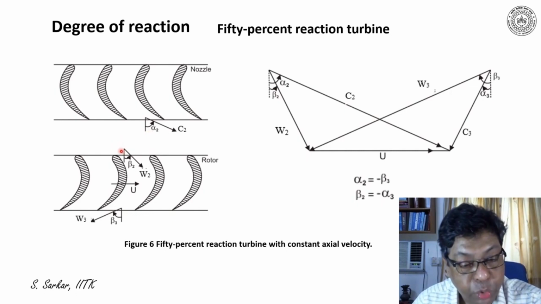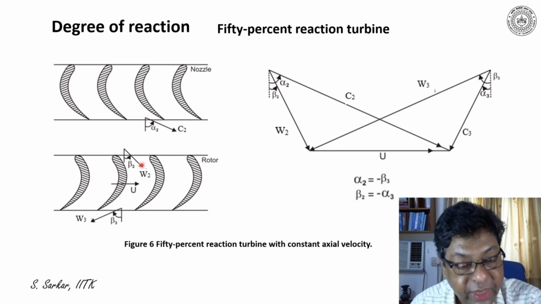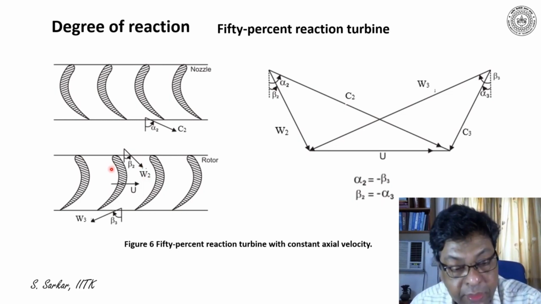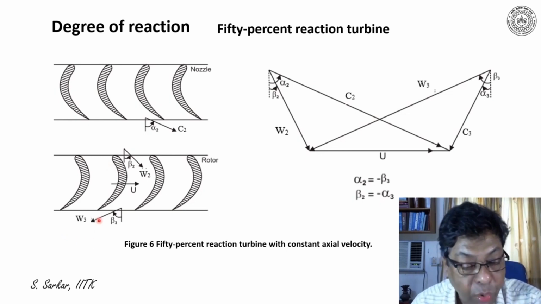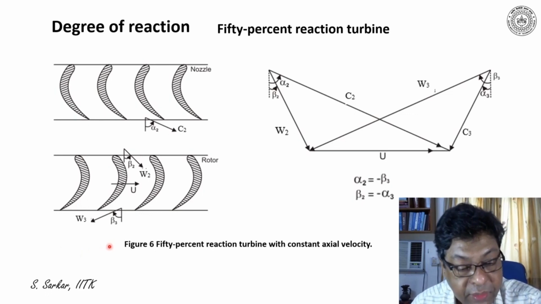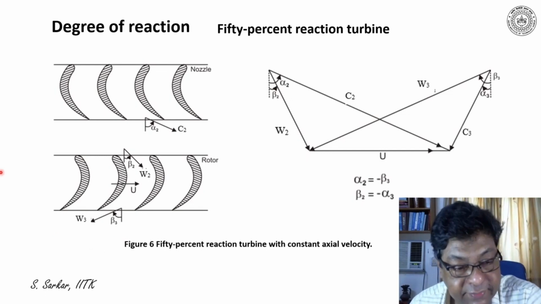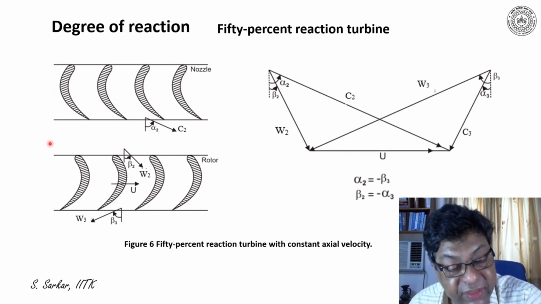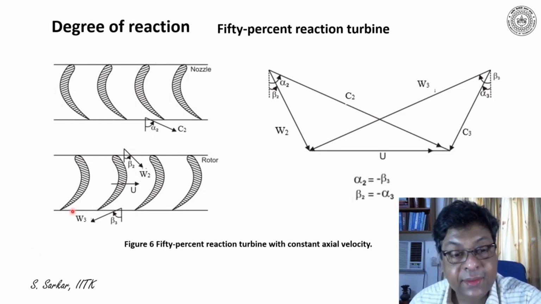Similarly, W2 be the inlet relative velocity to the rotor that makes an angle beta 2, and W3 be the exit velocity of the rotor which makes an angle beta 3 with the z-axis. In 50% reaction machines, since the pressure drop also occurs in the rotor, thereby W3 would be more than that of W2.